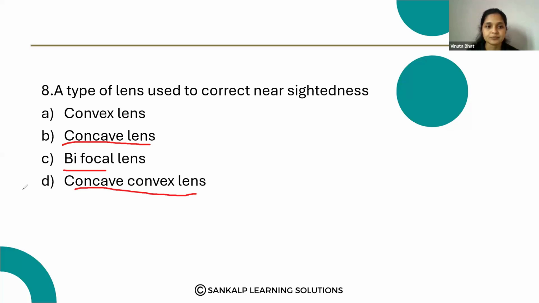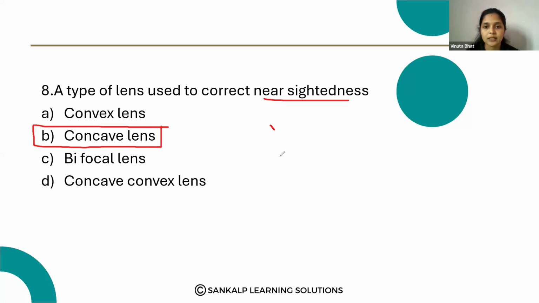Here, a type of lens is used to correct nearsightedness, where the image is formed just in front of the retina. So which type of lens is used? That is the concave lens. You can see the lens looks like this. That is the concave lens.